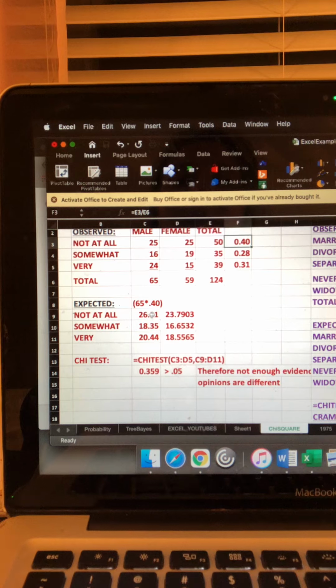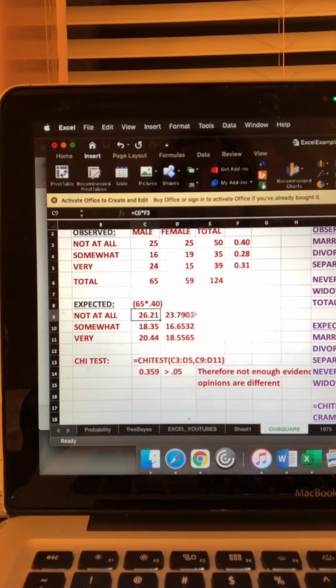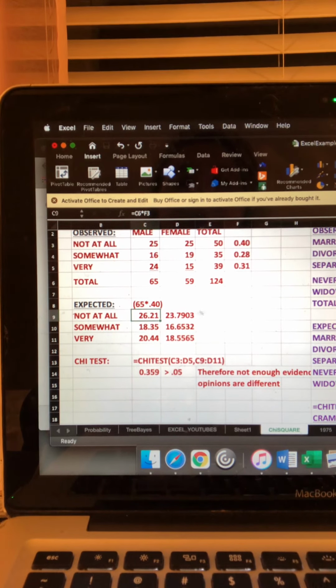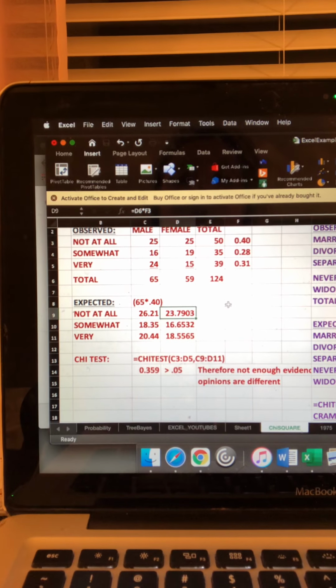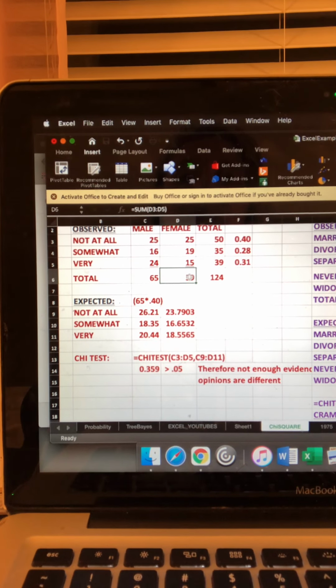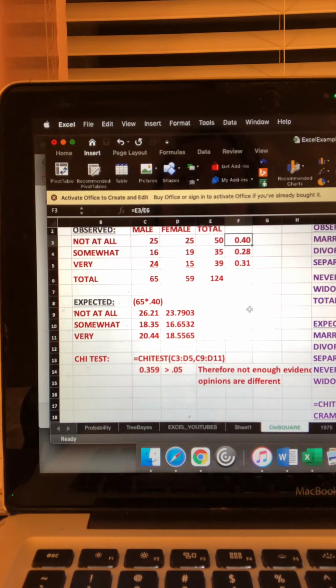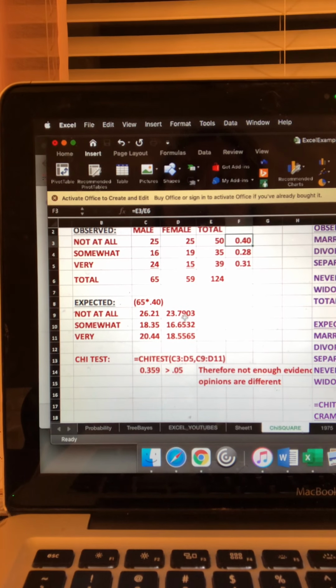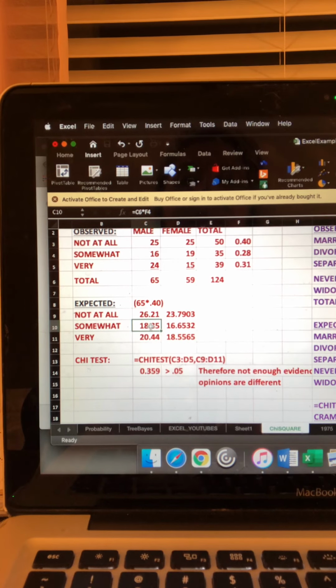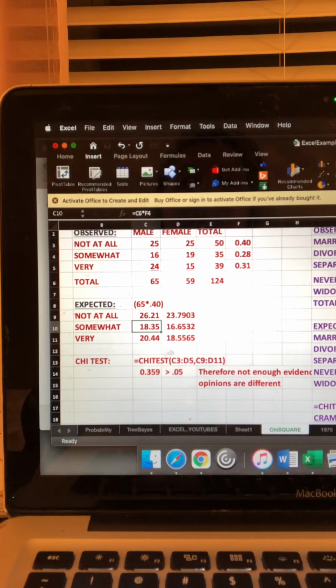In this case, it's 0.40. So that's how we come up with a 26 right here. Similarly, when we do the females not at all, we're going to take this total here and multiply it by that percentage and come up with 23.79. We're going to go down the columns and do the same thing. So here it would be 65 times 0.28 and so on.